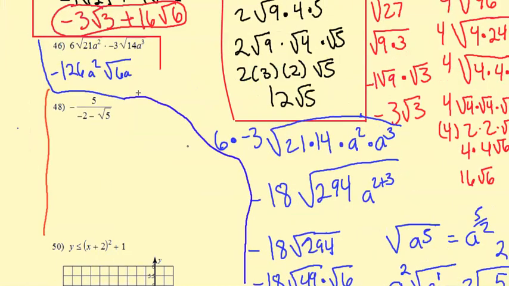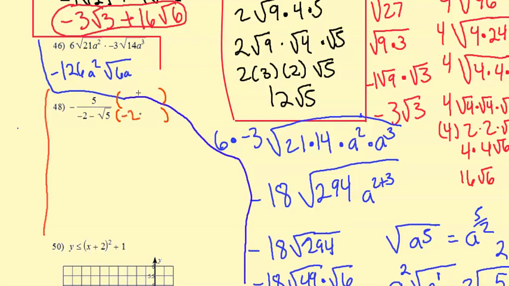48. Negative 5 all over negative 2 minus square root 5. We want to rationalize this denominator because we don't want imaginary numbers or radicals or anything weird in the denominator. We just want natural numbers. So we're going to multiply by the conjugate, which is just to get a difference of squares.